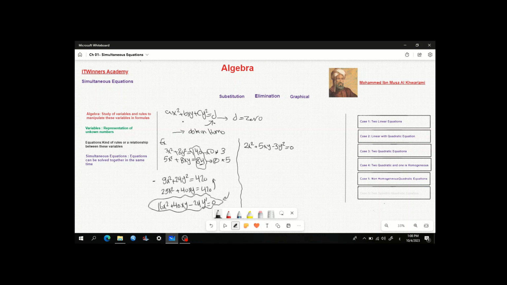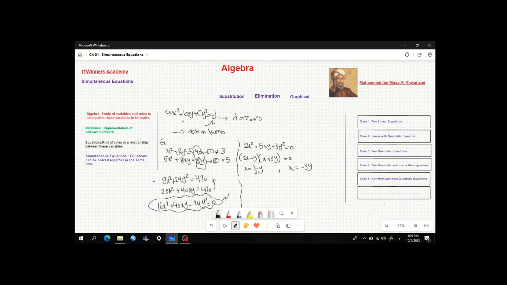Now I have (2x minus y)(x plus 3y) equal to 0. Now x equal to half y or x equal to minus 3y.